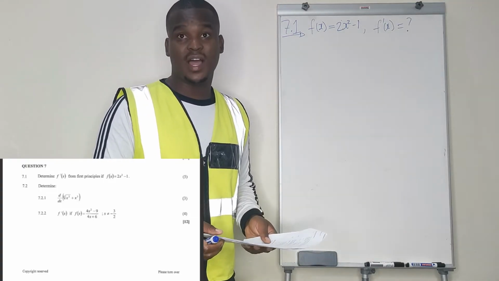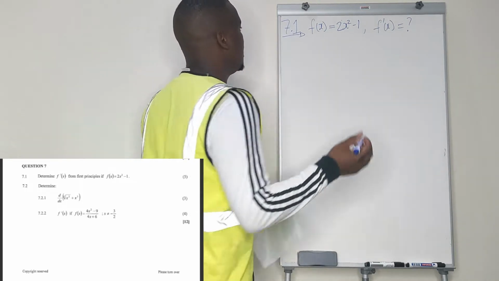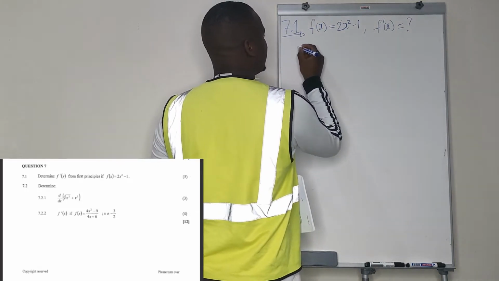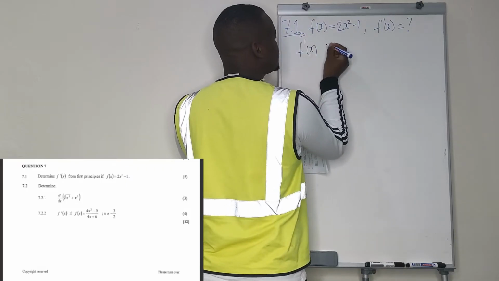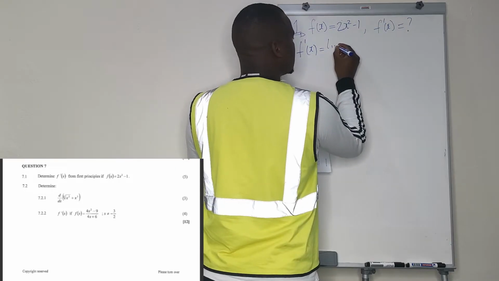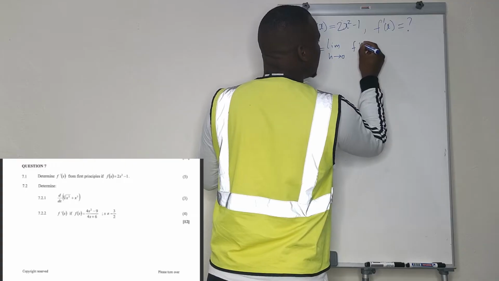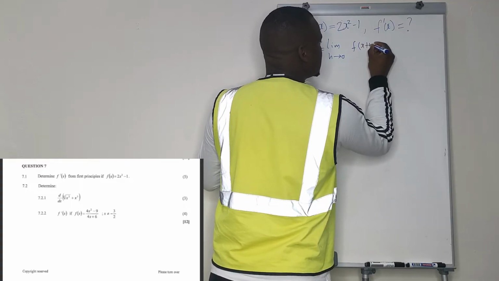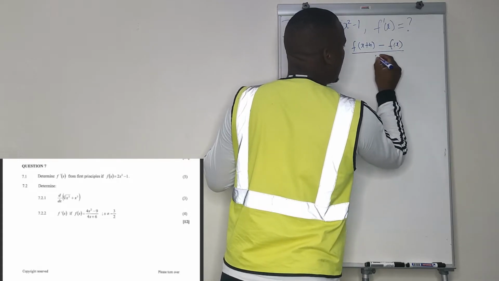So what is our derivative definition? Our derivative definition is telling us that f prime of x is equal to the limit as h approaches 0 of f of x plus h minus f of x, all over h.